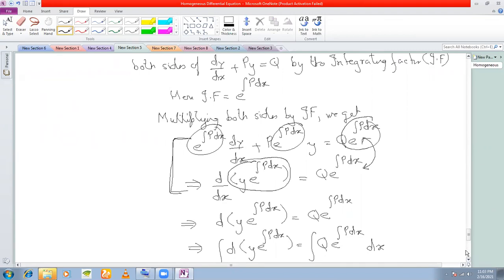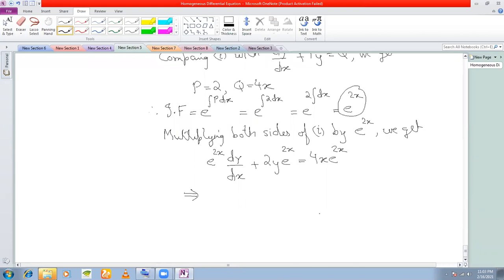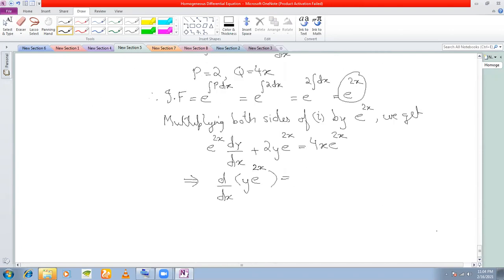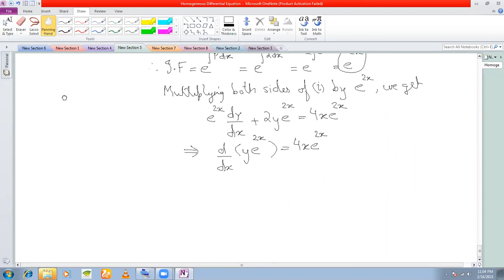That means we can write this as d dx of y into the integrating factor e to the power of 2x, equal to 4x e to the power of 2x, right? Now our differential equation is solved.